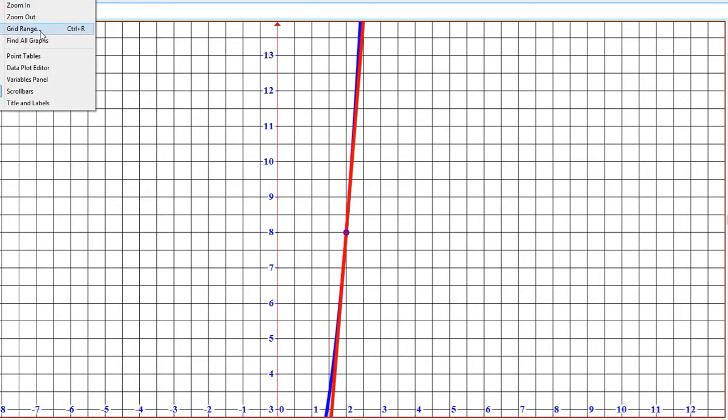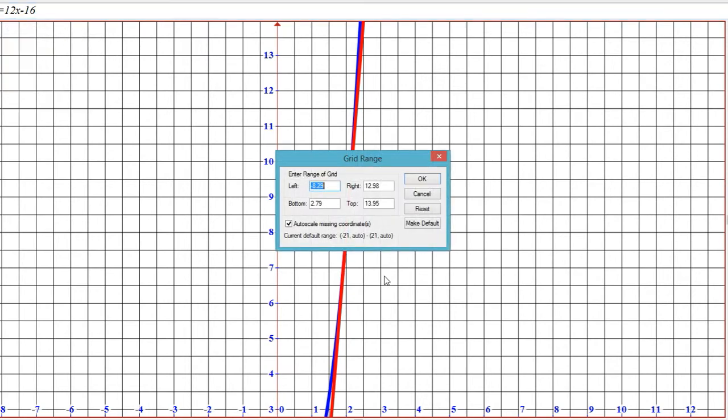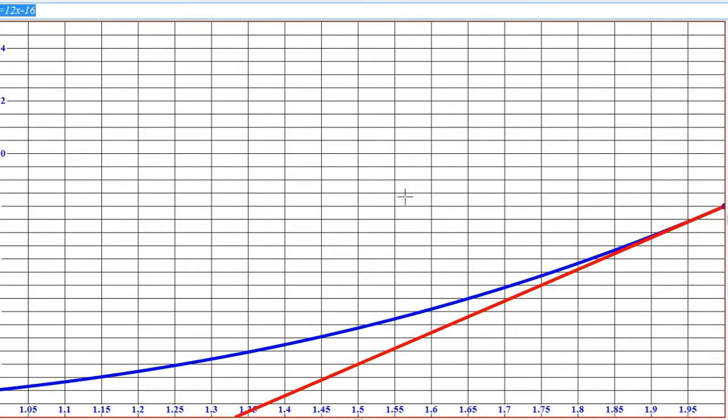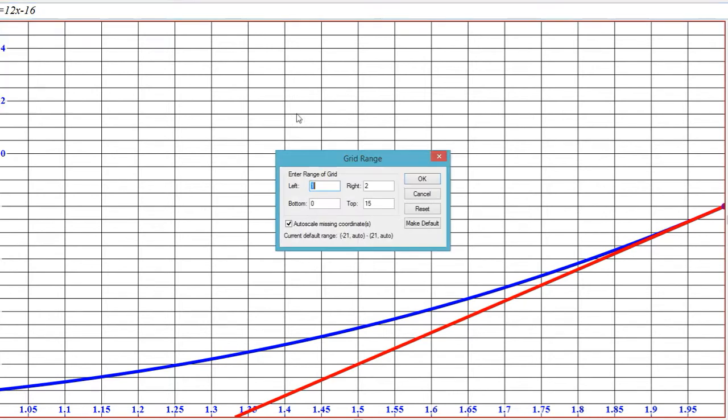I'm going to leave a square window here and just go for a window here from say 1 to 2, and let's just go from 0 to 15, let's say, for y. Now this won't be a square scale anymore, and I need to go to the right of that 2. Let's see, so 1 to 3, let's say.